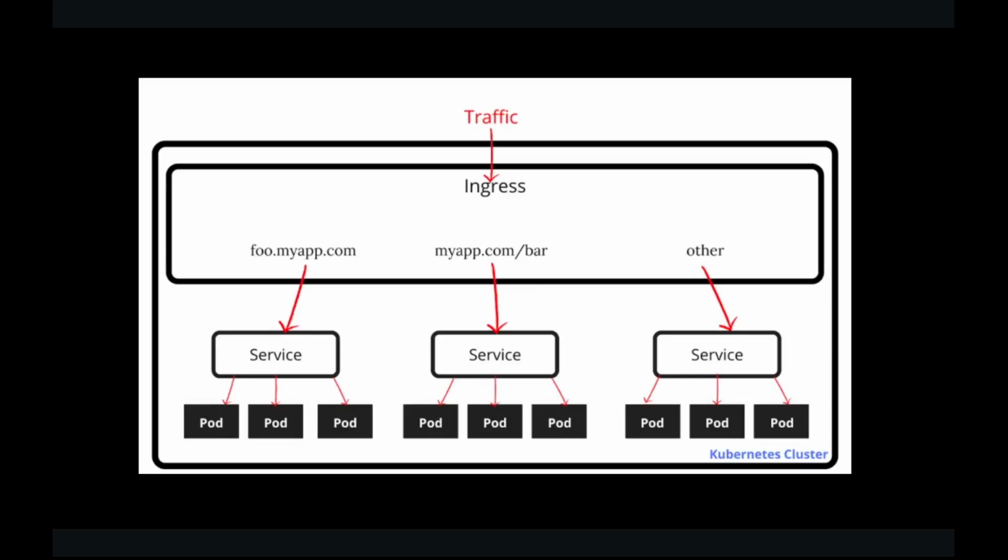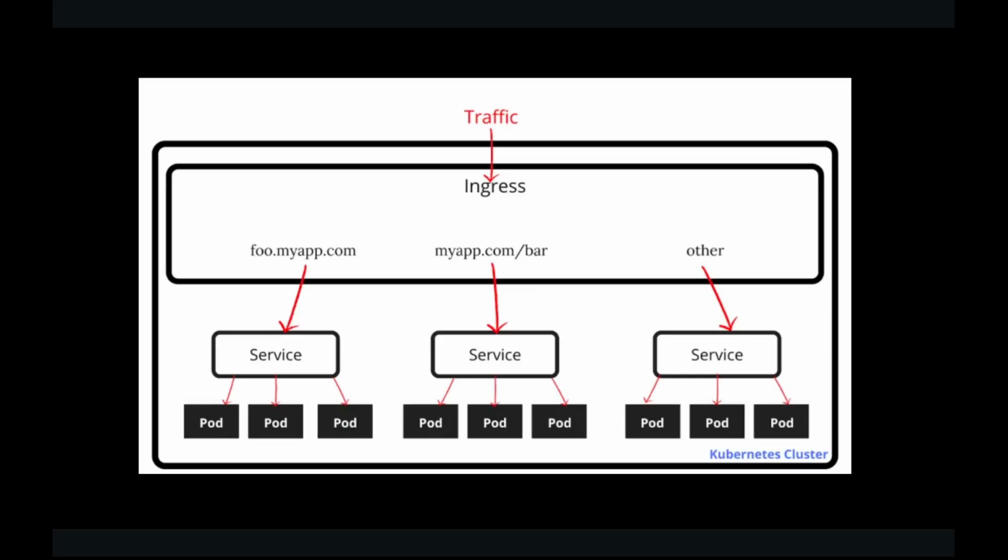So let's say we have three applications and three services, so we need to create three load balancer type services to expose my application, and they will spin up three load balancers, which in turn turns out to be very costly. That is the main difference between ingress and load balancer type service.